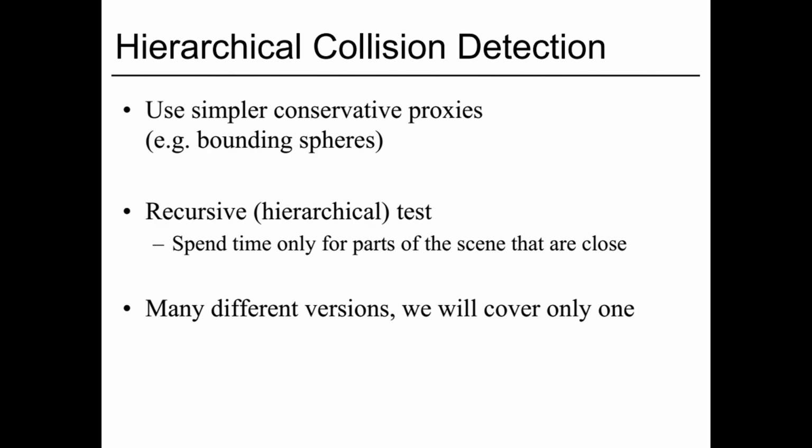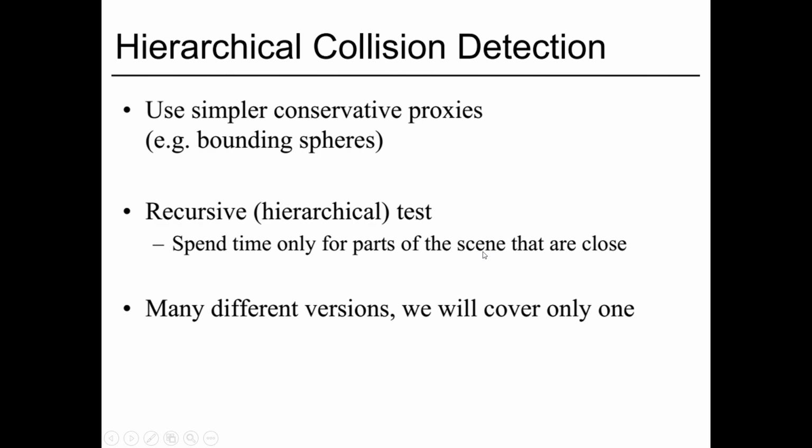Then the second consideration is to perform recursive hierarchical testing, that is, to spend time only for parts of the scene that are close. Here, by time we mean computation time. We are spending time only for the close ones because those are more likely to be involved in collision rather than the ones that are very far apart.